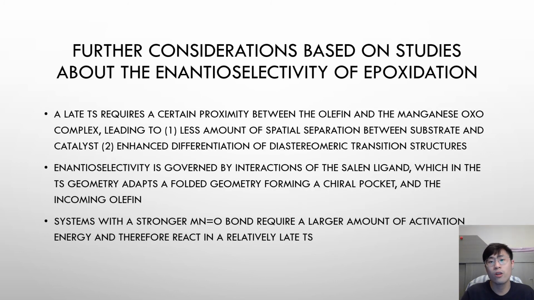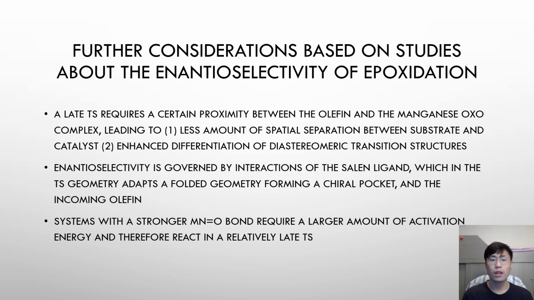There are some further considerations based on studies about the enantiomer selectivity of epoxidation. First, a late transition state requires a certain proximity between the olefin and the manganese oxo complex, leading to a smaller spatial separation between substrate and catalyst, and enhanced differentiation of diastereomeric transition structures.